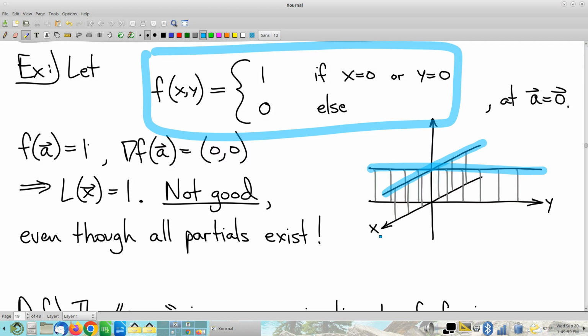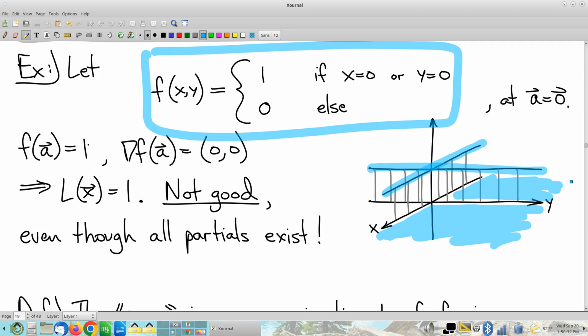So the value of the function over here, for example, in the first quadrant, off of the axes, is all zeros over there. Likewise, all zeros over here, if you will, and also in the other two quadrants, which I don't want to draw to keep my picture from getting cluttered. Okay, so that is the graph of f. Now, can I write down the formula for the linear approximation that we did last time?